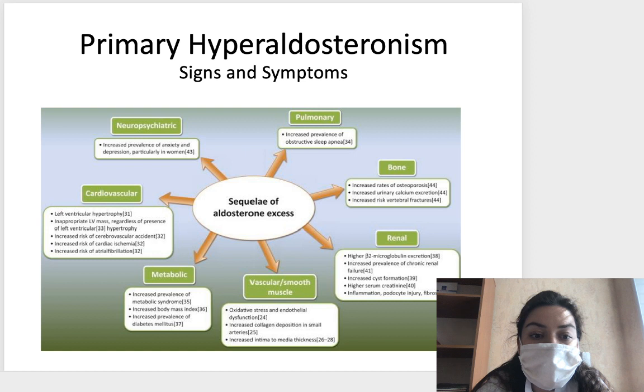There is increased risk of cerebrovascular accident, increased risk of cardiac ischemia and increased risk of atrial fibrillation and other tachyarrhythmias. And there can be neuropsychiatric disorders, like increased prevalence of anxiety and depression, particularly in women.